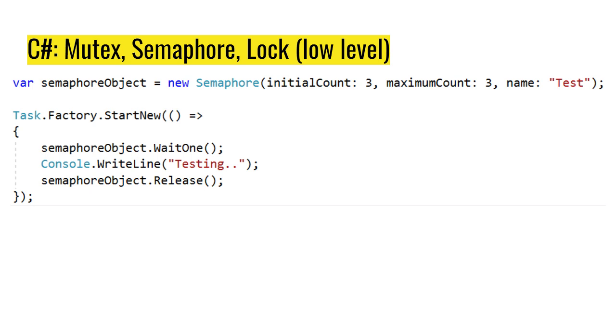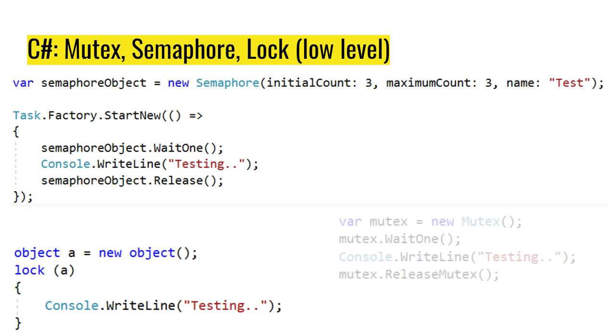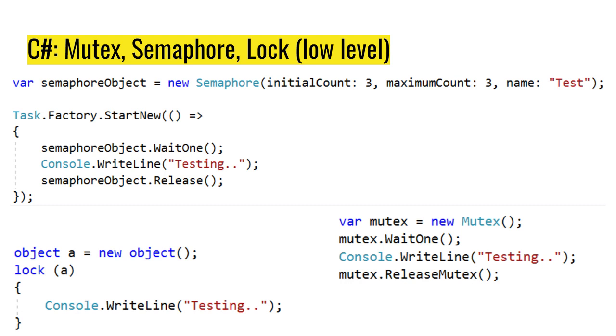You say how many threads can be in at max, and you can name the semaphore. And when you start a task, it will utilize the semaphore at hand. With object and lock, by creating a new object, you can lock some context. And here with mutex, you can basically do the same, except instead of brackets, you have WaitOne and ReleaseMutex.